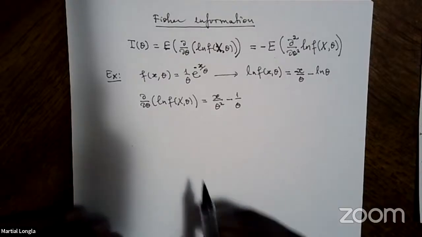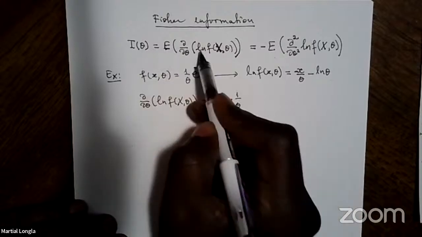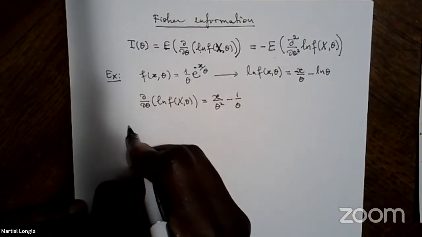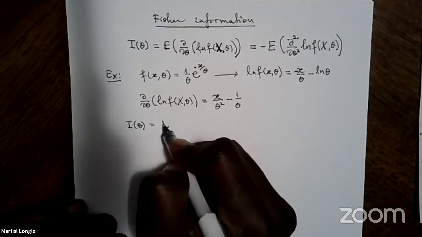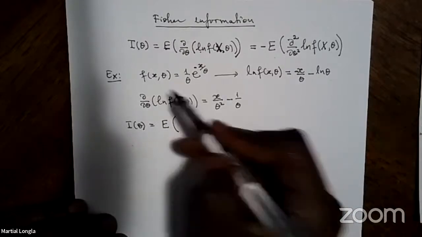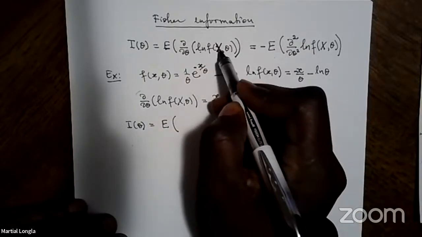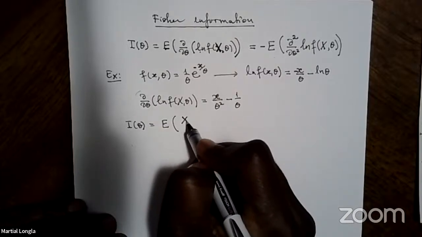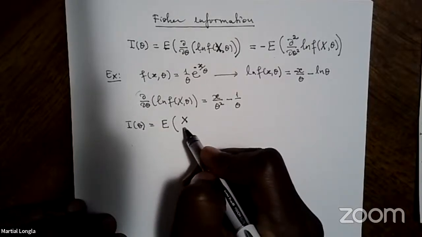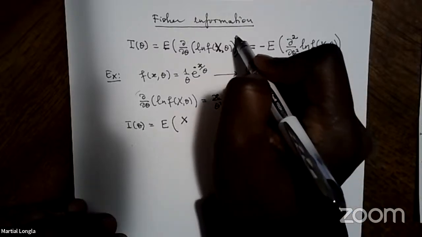So if I want to use this to find the Fisher information, I will have I of theta equals expected value, I take this computation and I replace little x by capital X. I'm missing a square here, okay.